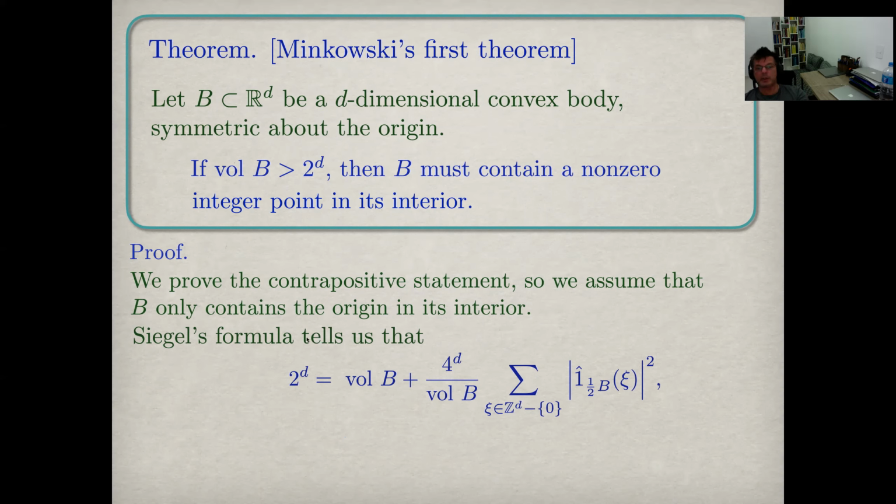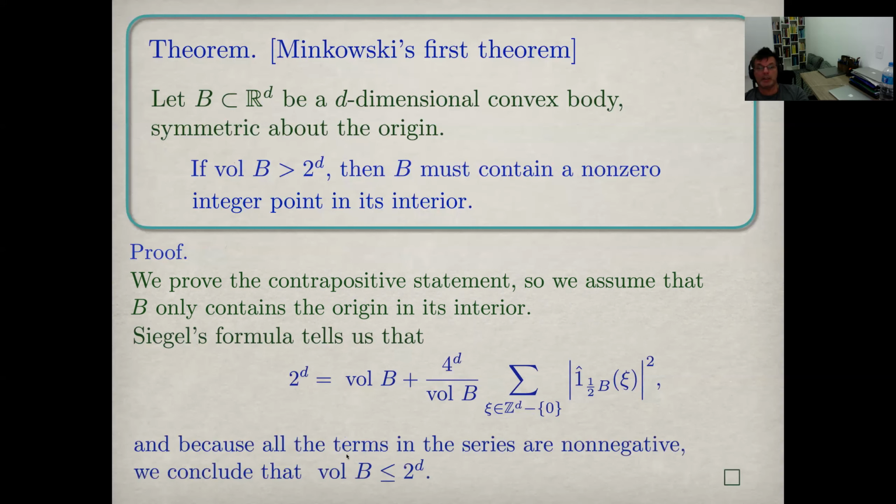And then Siegel's formula guaranteed, using this assumption, that we have that formula. But notice that all of these terms in this infinite series are positive or 0. They're non-negative, in other words. And so the volume of B must be at most 2 to the d. So that's it. That's the proof of Minkowski's first theorem.